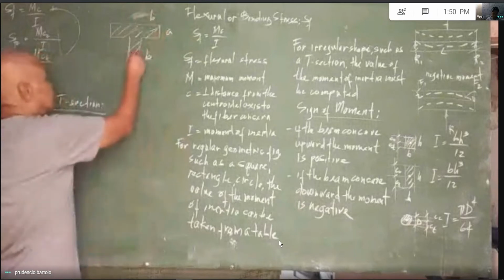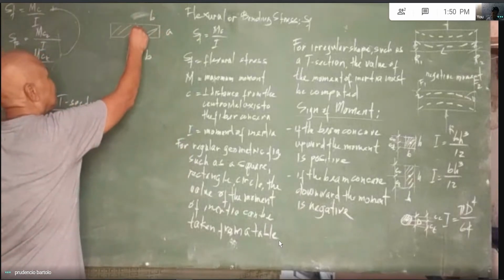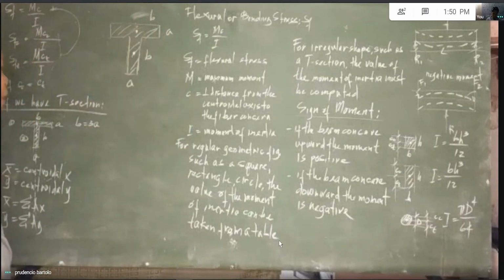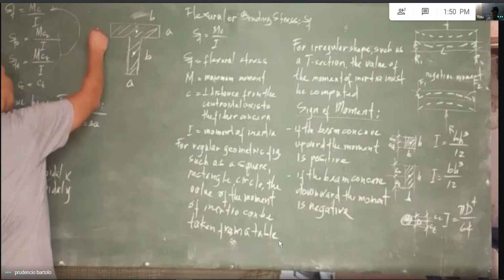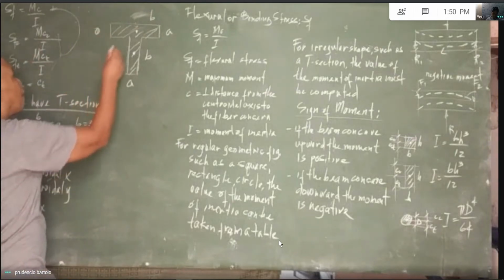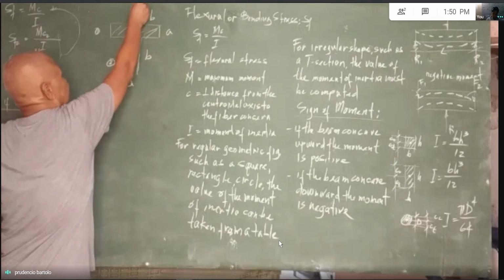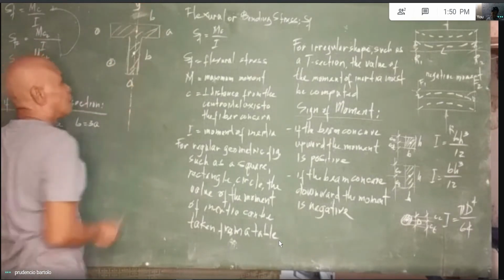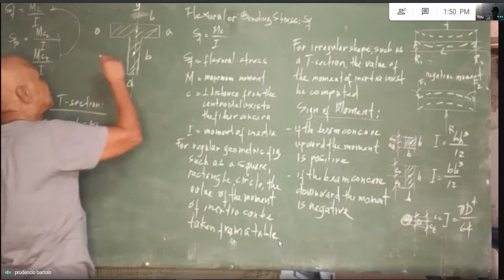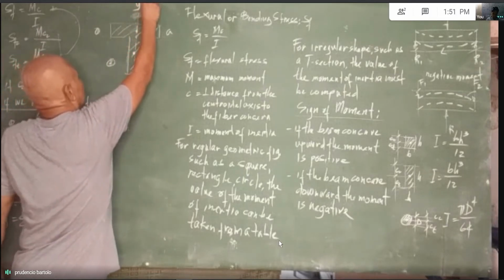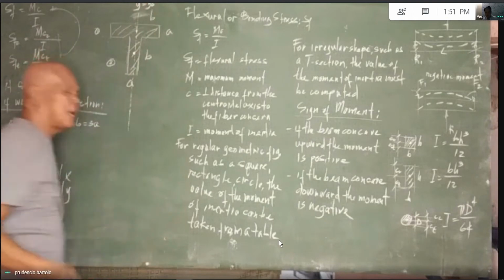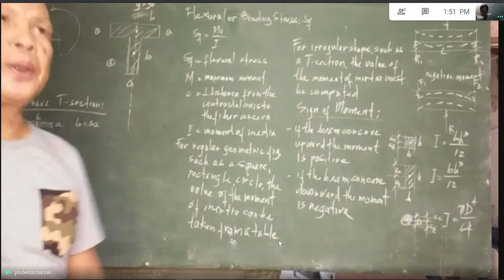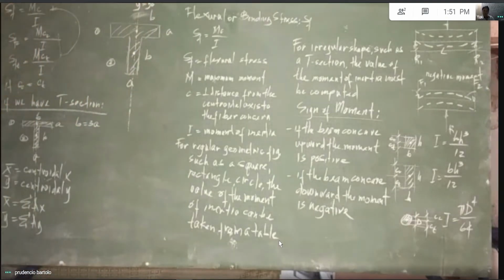So there is the centroid of the first and the centroid of the second. We project a line along the vertical, the centroids will coincide, that becomes the y axis, or that will be taken as our centroidal y.